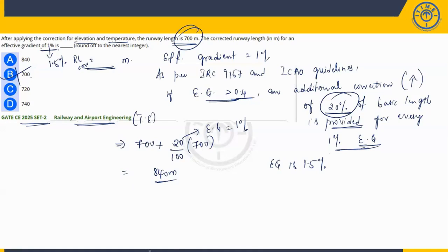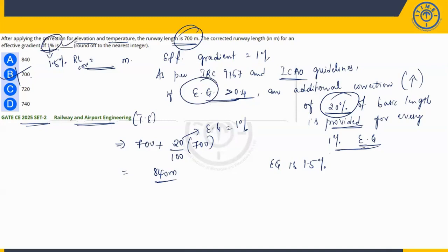This question, you are asking. Listen, as per the International Civil Aviation Organization, if the effective gradient is greater than 0.4, in the question, how much is the effective gradient? 1%.